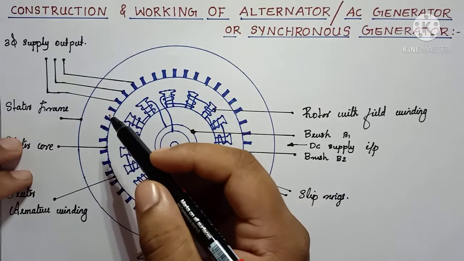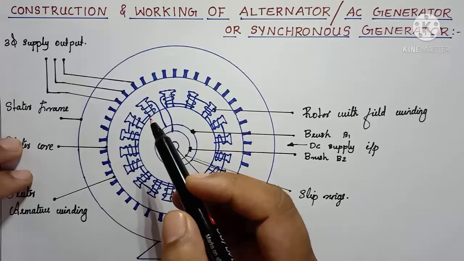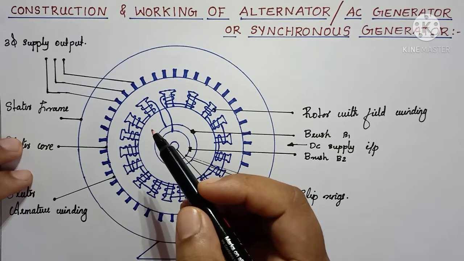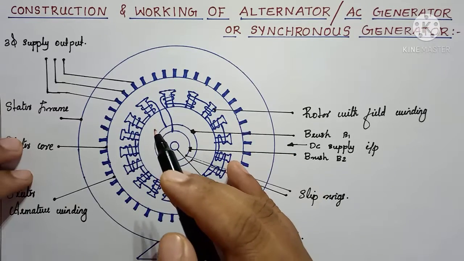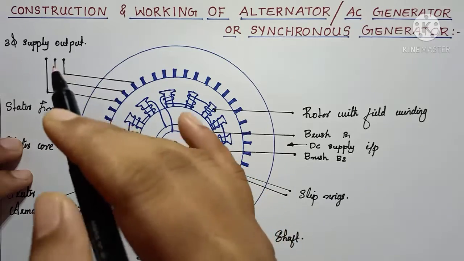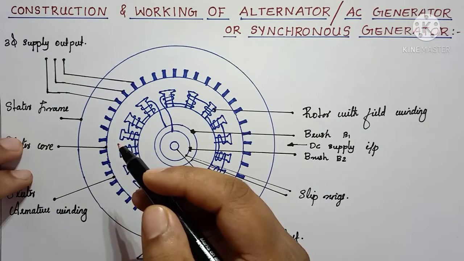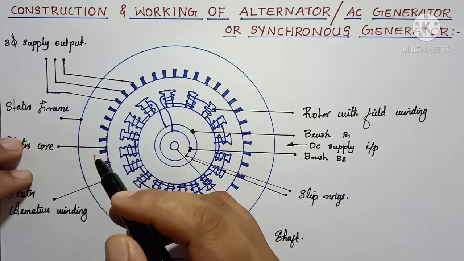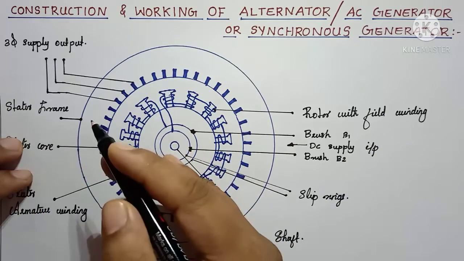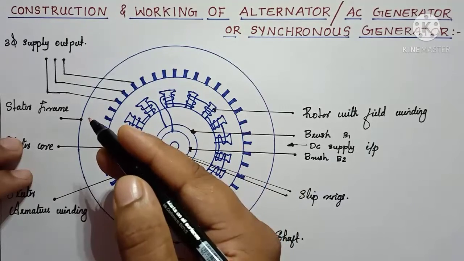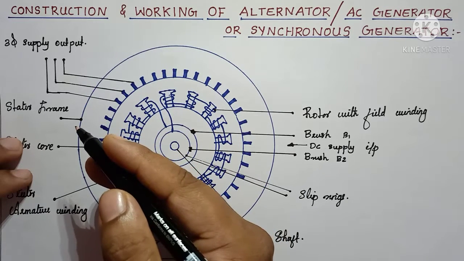Voltage per phase V_ph is equal to 1 by root 3 times the line voltage. So we get a reduced voltage per phase in star connection. This reduces the insulation requirements, and the number of turns can also be reduced, thereby saving copper.